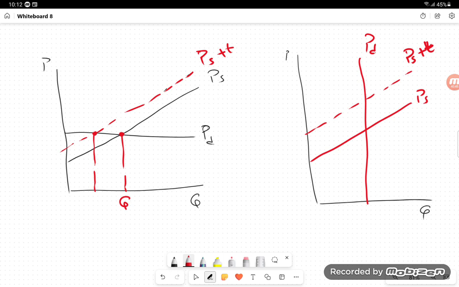In this case, the consumers are not willing to take any lower quantity, but will pay any higher price for the given quantity. So in this case, consumers are going to pay the whole tax. In case 1, producers will pay the whole tax. And in case 2, consumers will pay the whole tax.